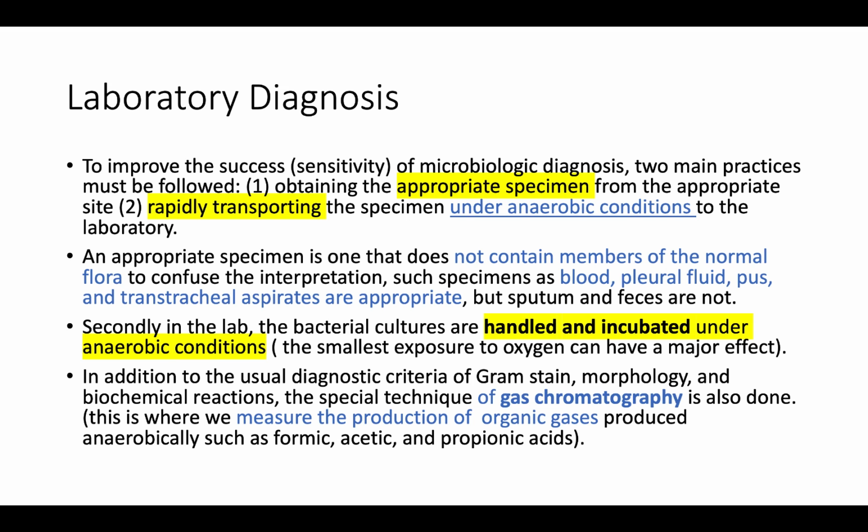Secondly, in the lab, the cultures are handled and incubated under strict anaerobic conditions to improve their growth. You can also do gas chromatography, which measures the types of gas in the specimen. If there are organic gases, it means growth has happened, because as bacteria grow they produce gas, and you can detect this gas with gas chromatography.